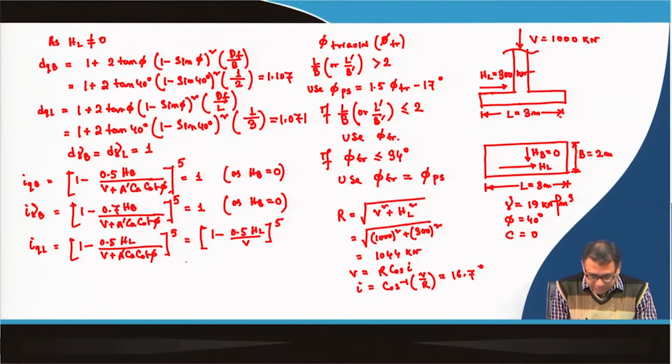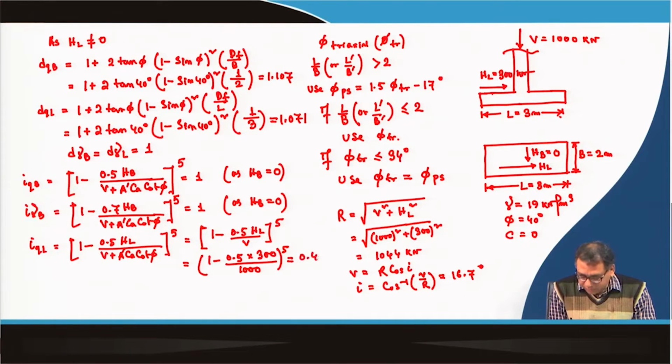So this is 1 minus 0.5 times 300 divided by 1000, to the power 5, which is equal to 0.444.